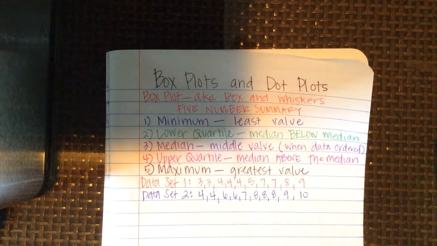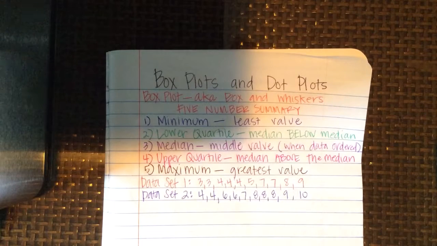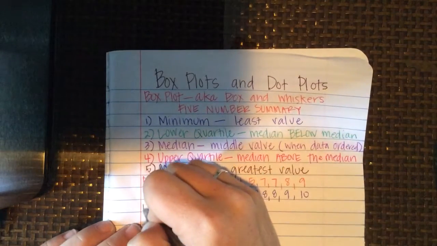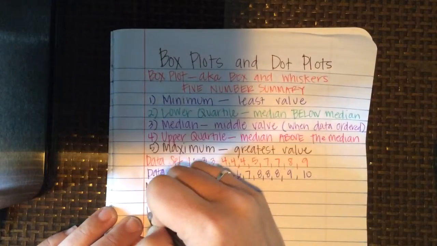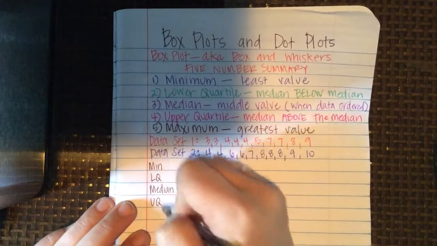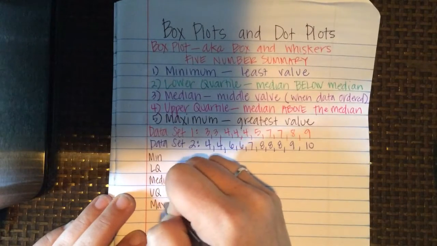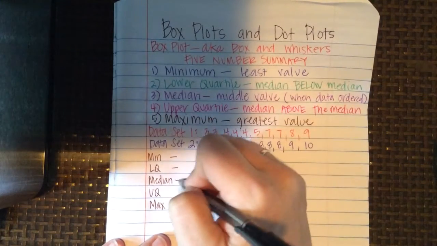All right, so we have our 2 data sets, and so we have them ordered. And so we're going to identify our values. So I'm going to really quickly just write minimum, lower quartile, median, upper quartile, and max, just so that we have a way of talking about and listing them out.